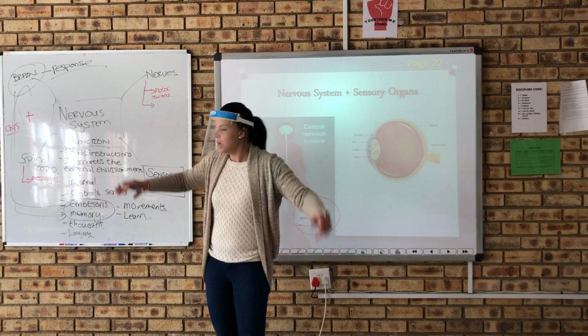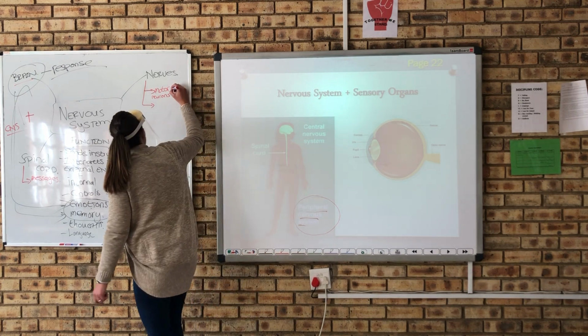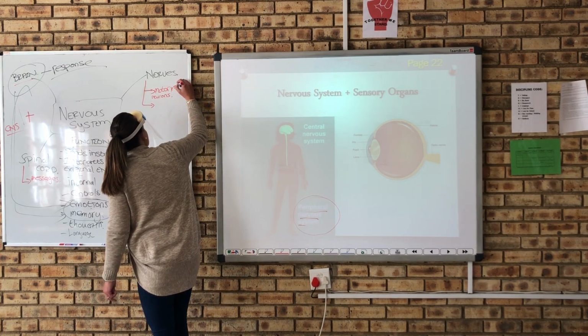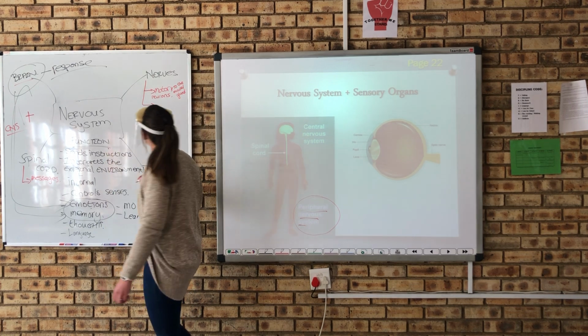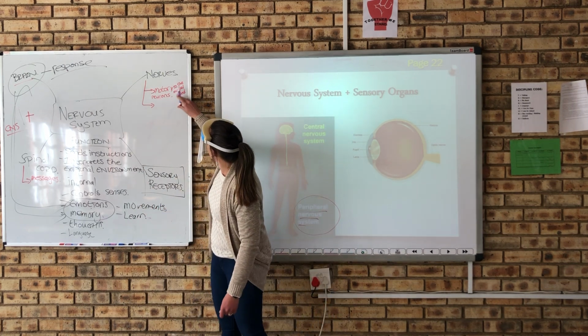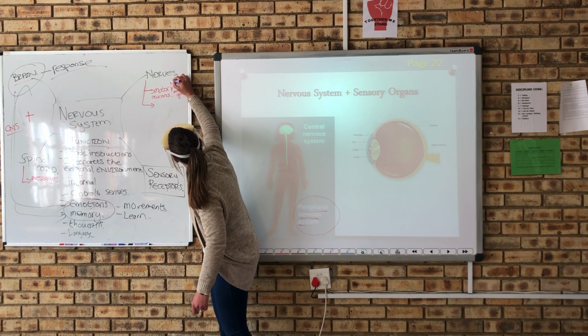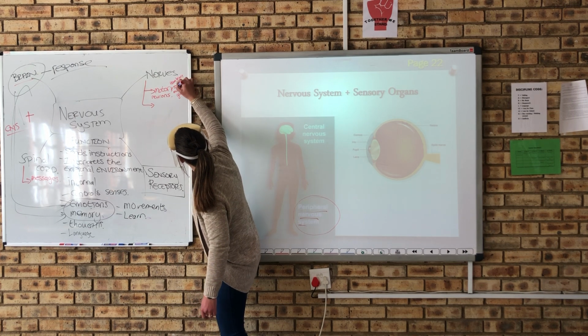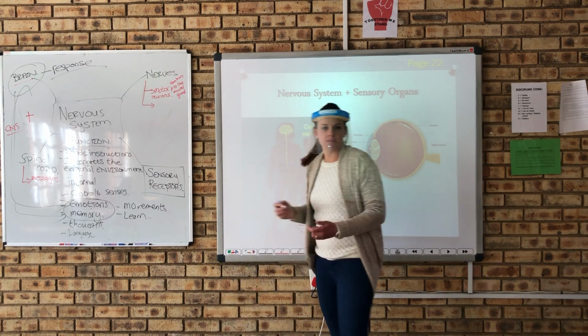Is everybody happy? So motor neurons go to the muscle or gland to perform a specific task. Can you all see that? So motor neurons, they go from the brain to the muscle or gland to perform a specific task.